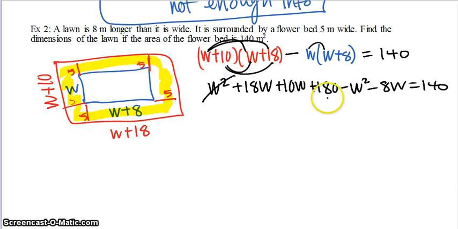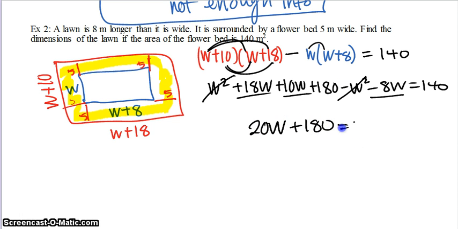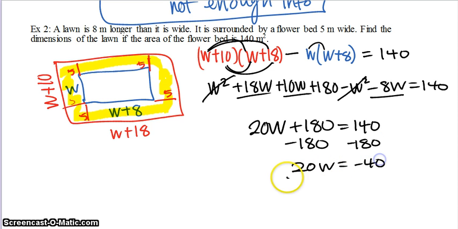Well, the W squared terms cancel out. I'm going to simplify all this together, so that gives me 20W plus 180 equals 140. I'm going to go ahead and subtract 180. So that gives me 20W equals negative 40. Divide by 20. So that gives me W equals negative 2.